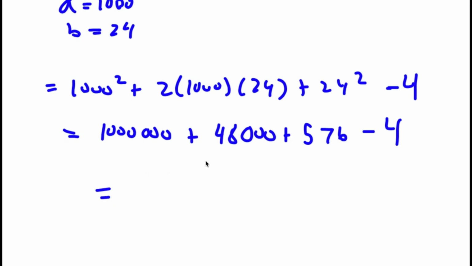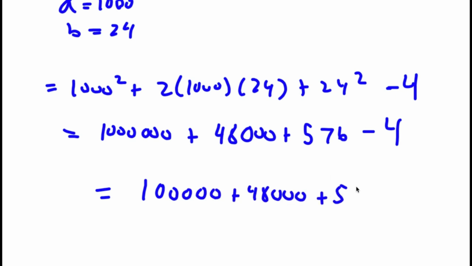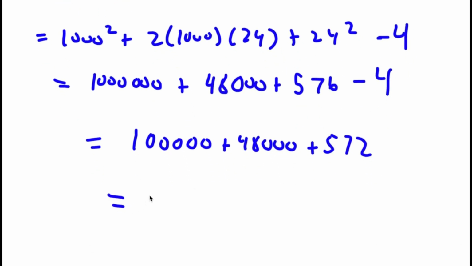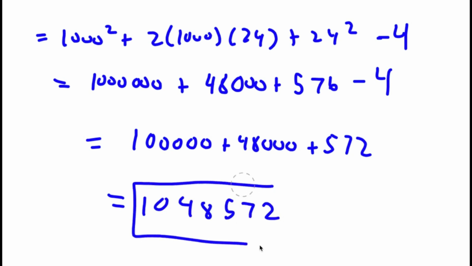And 576 minus 4 is 572. So I have 1 million plus 48,000 plus 572. And this is equal to 1,048,572. So this is my answer.